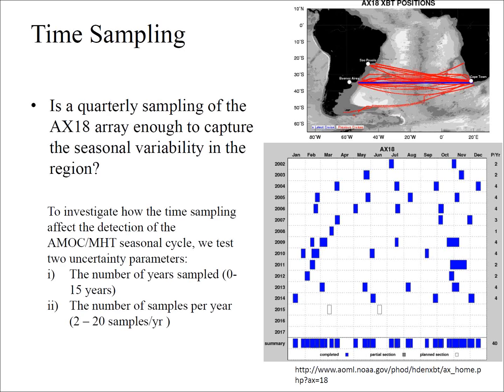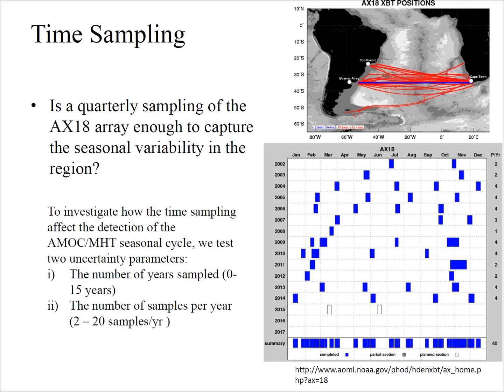I didn't study this variability in the location. Instead, I wanted to show you how much of this mean transect represents the seasonal cycle. It's one of the components that would influence the seasonal cycle.